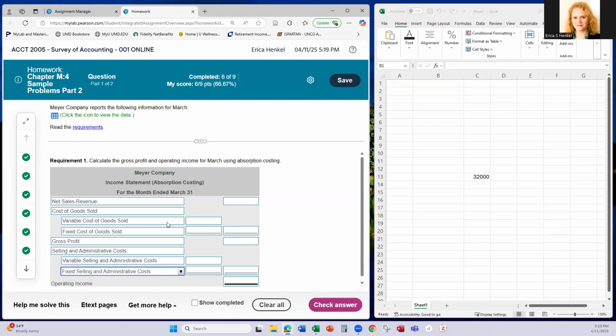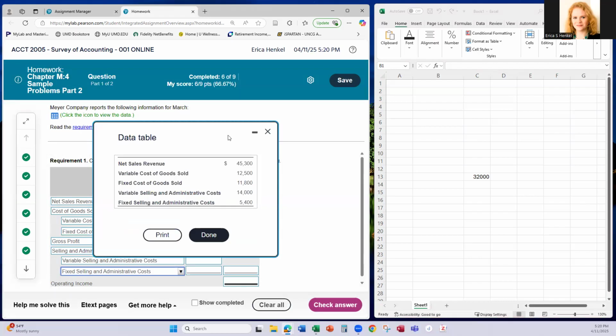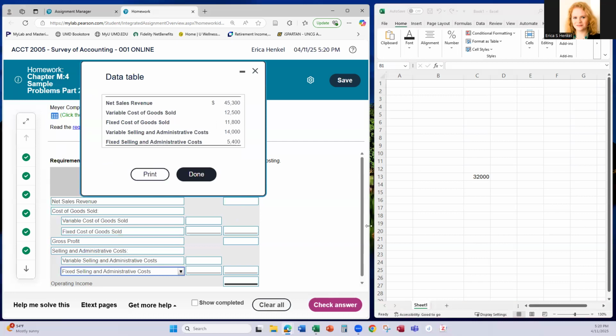Okay, so the difference here is that you could have a mix of variable and fixed costs up here to calculate your gross profit, and then a mix of variable and fixed costs down under selling and administrative to arrive at your operating income.